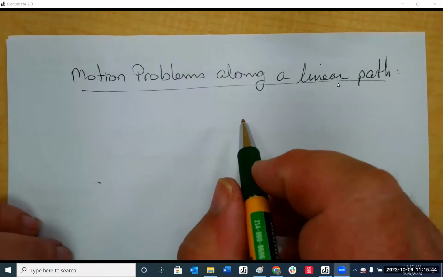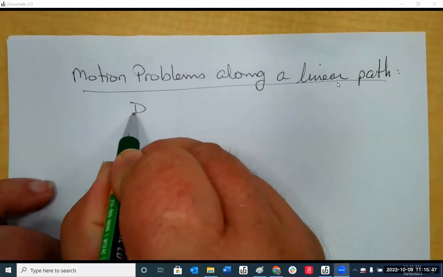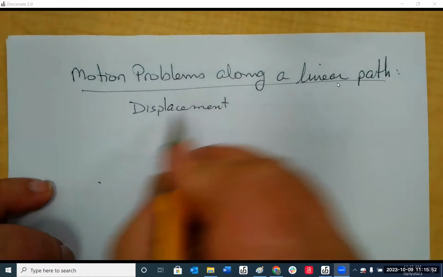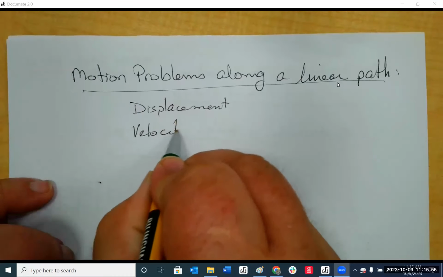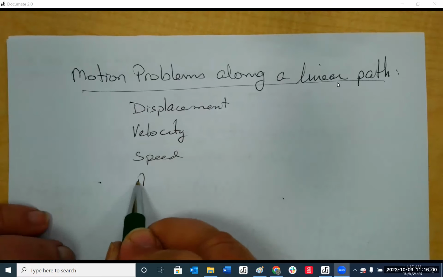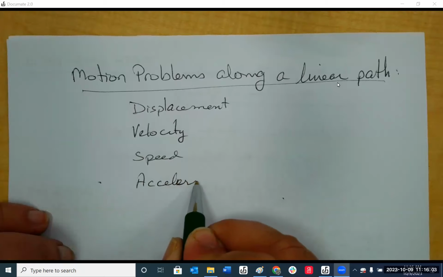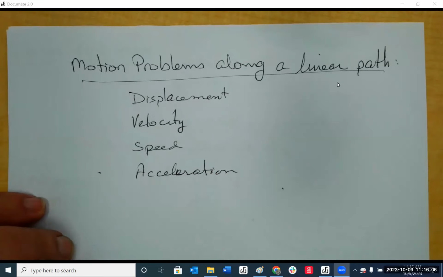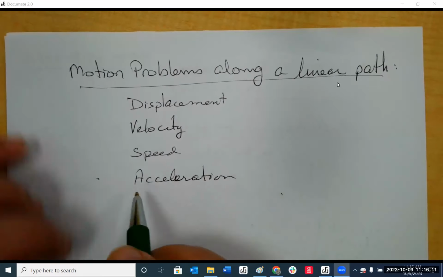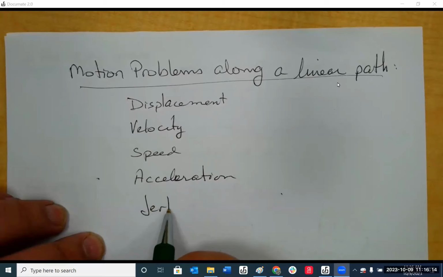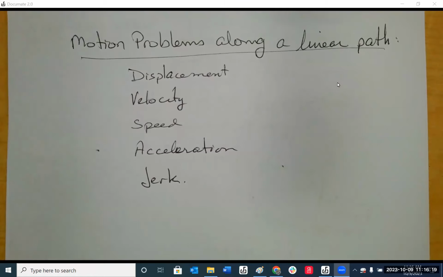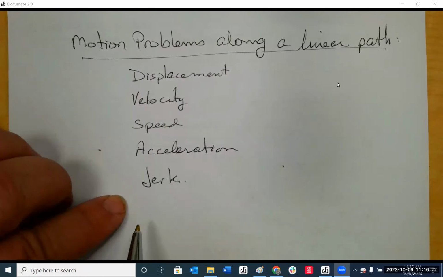We're going to look at 4 things: displacement, velocity, speed, and acceleration. Since we're talking about acceleration also, there's a fifth one we talk about. It's called a jerk. You probably felt a jerk when you're driving, and all of a sudden your car just goes like that. And we'll discuss what that is in a second.